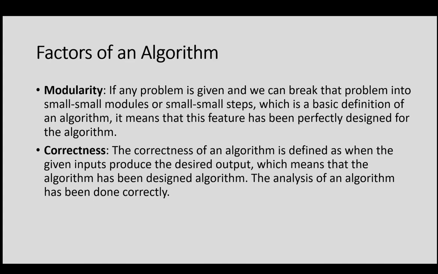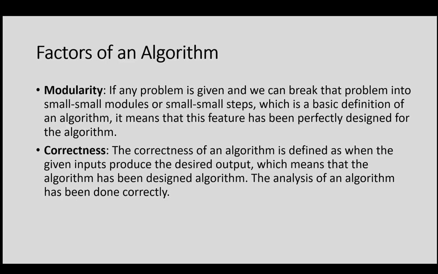If we have seen the earlier code, the inputs are two. When two inputs are added together, you get one variable, which is the output. So when you give proper inputs and that produces the desired output, then we say the algorithm is correct.